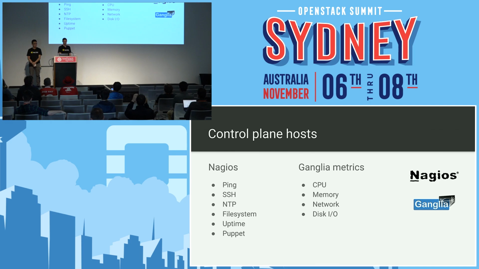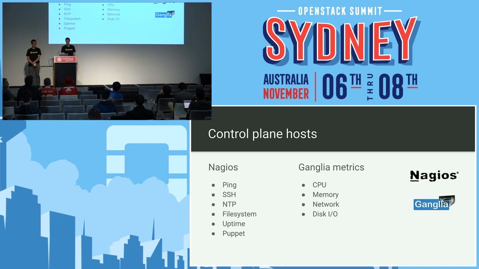So you know we have alerts sent to us when the file system reaches 80% full, and that sort of thing. We have an uptime test as well, so that if a box does reboot itself unexpectedly, we'll know about it. And we're a big Puppet shop, so we also have a test for Puppet to ensure that Puppet's run frequently and that Puppet hasn't returned any errors in its run.